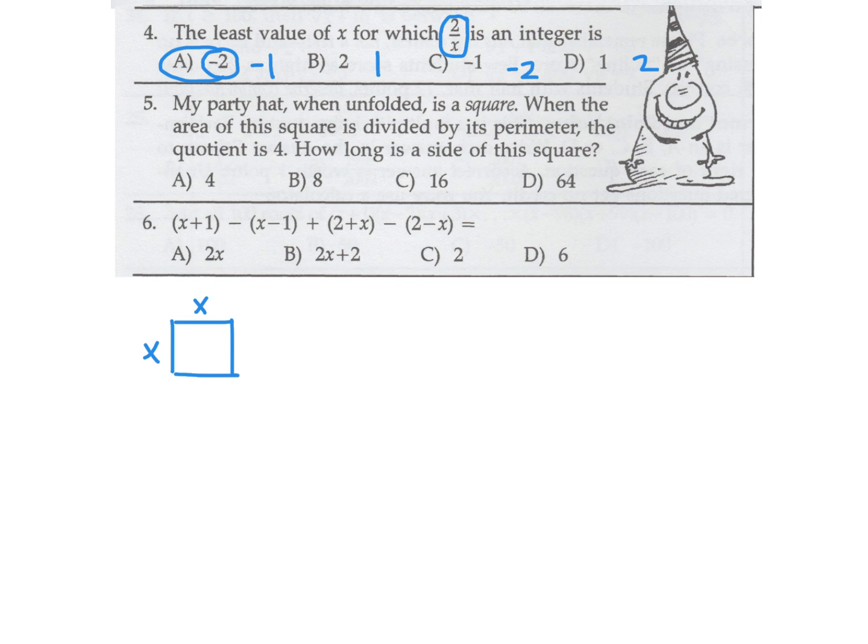So the area is x squared, and it's divided by the perimeter. Well, the perimeter looks like 4x. That is equal to 4. Okay, so we'll solve this. This becomes x over 4 is 4. So x is equal to 16. How long is the side of the square? Well, there we go. The side of the square is 16, and therefore number 5, that would be C.